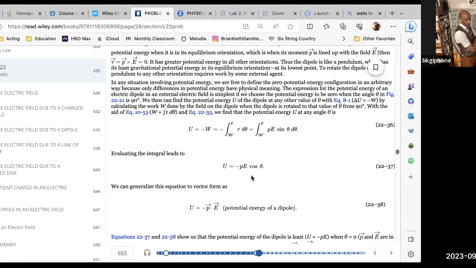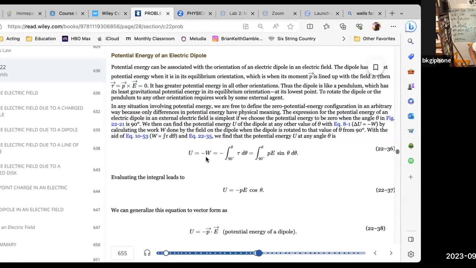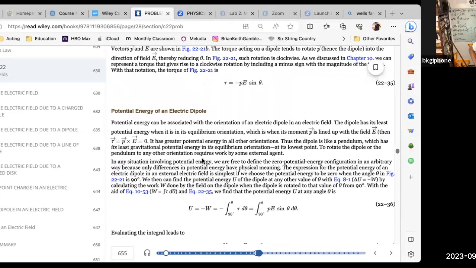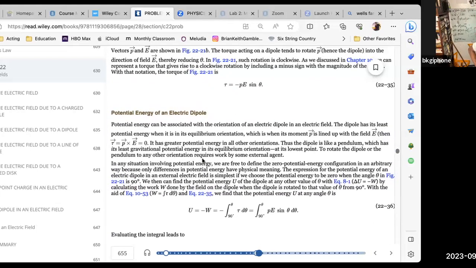So they just kind of jump to the next step here and actually show. Oh, well, they put it up there. But then they didn't put the negative sign in.